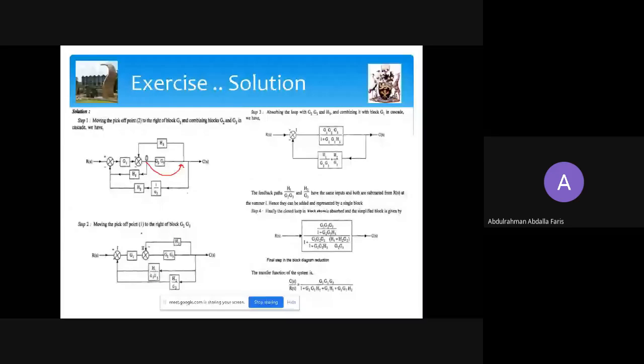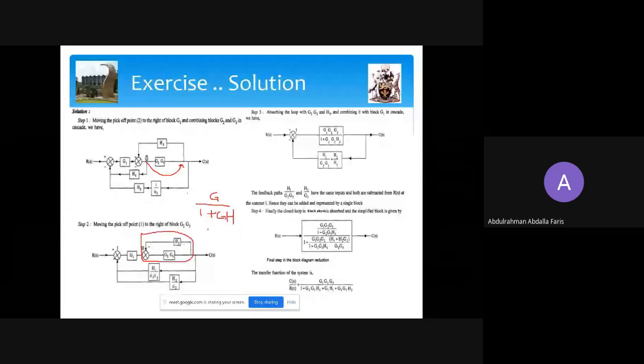We can see that this part is actually a closed loop feedback equation. So that closed loop feedback equation, we can absorb by applying G over 1 plus GH, where our G is this G2, G3, and our H is H3.